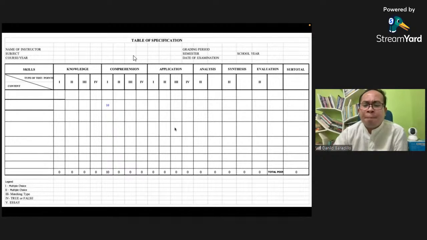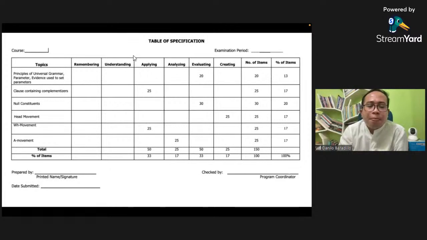So my thought about that is, this is a blueprint. If you want it to be as comprehensive as you want, that's all yours. But if you want it to just be very simple, which would still measure the objectives that you have to go back and revisit in your syllabus, that's fine and good.